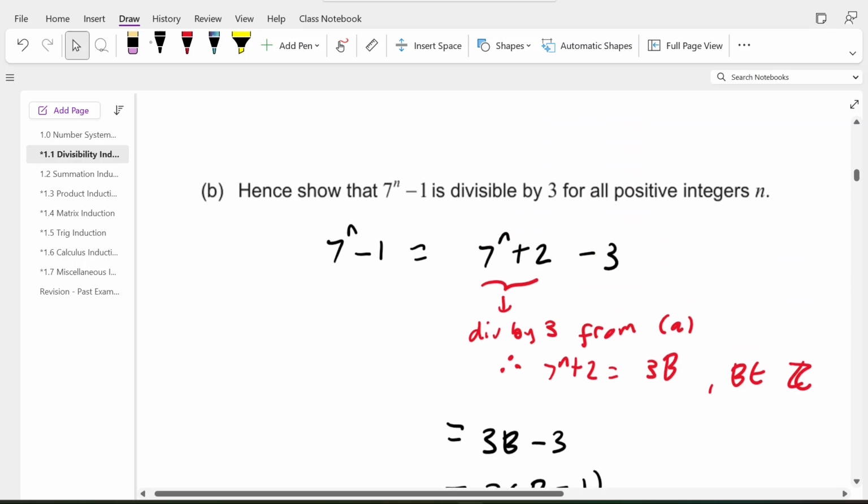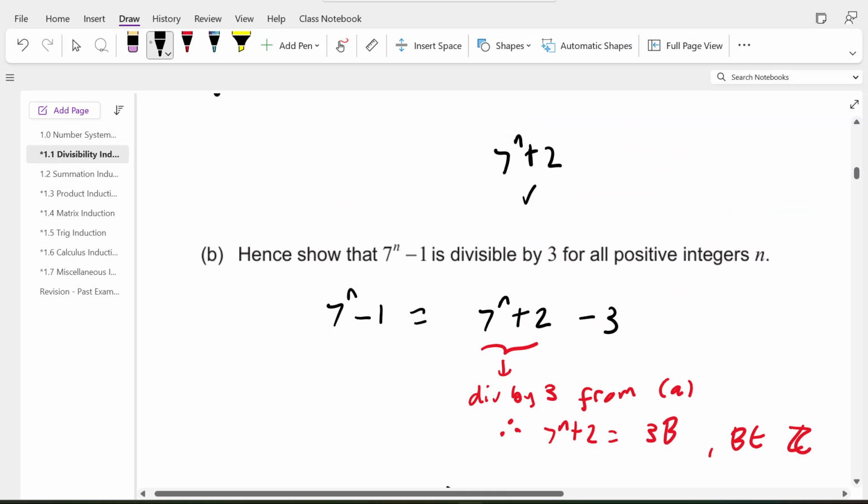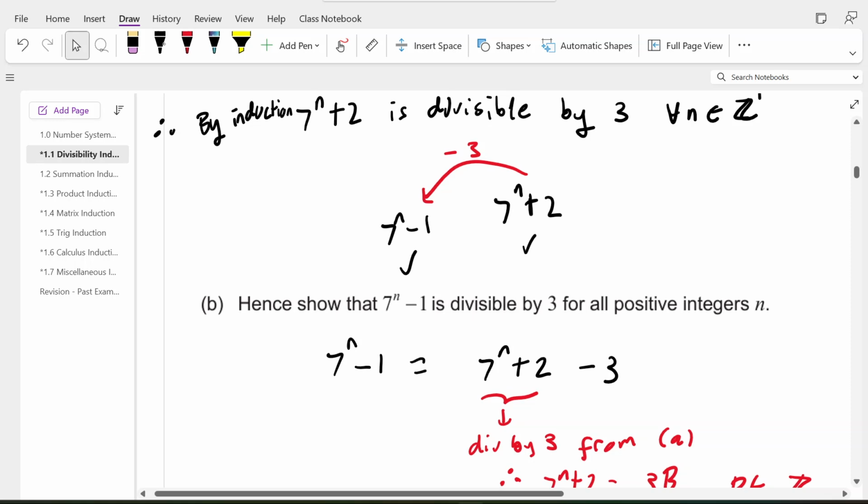So the core argument here is that if 7 to the n plus 2 is divisible by 3, then if I subtract 3 from it to get 7 to the n take 1, that will also be divisible by 3 because it's 3 away from something divisible by 3. That's essentially how that bit works.